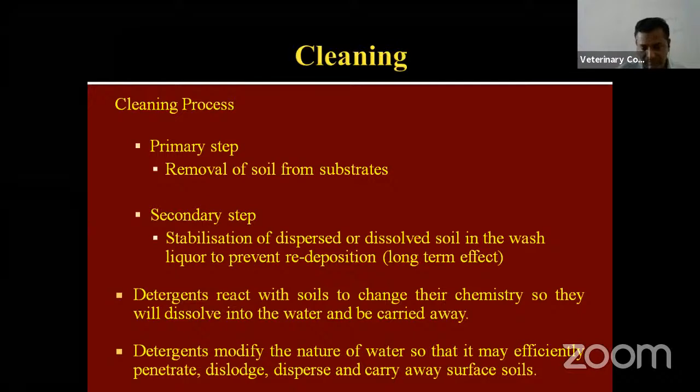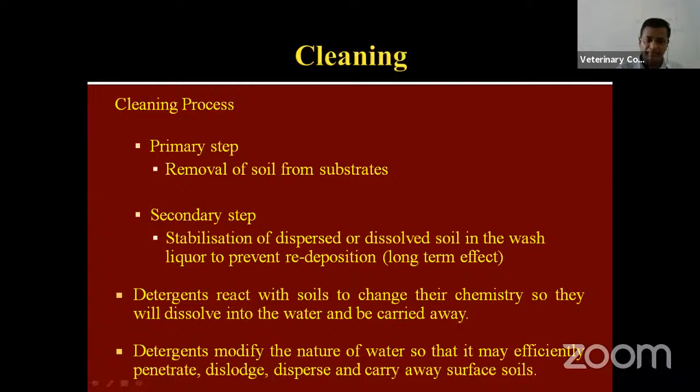So sometimes these two are sub-steps of the cleaning, or at times they go hand in hand. Okay, but if the primary step is preceded by the secondary step, that's good. Ultimately all that soil, with the help of the cleansing agent, a detergent, is removed.